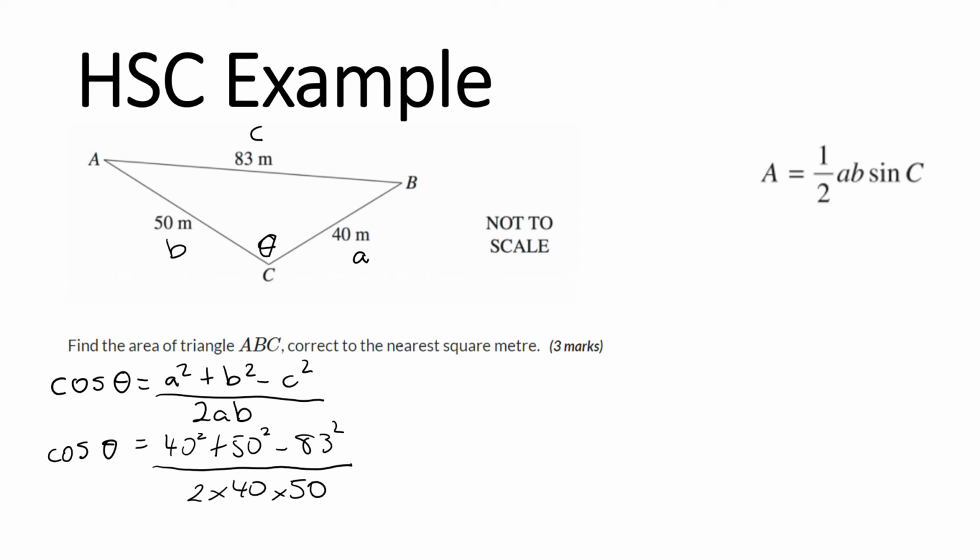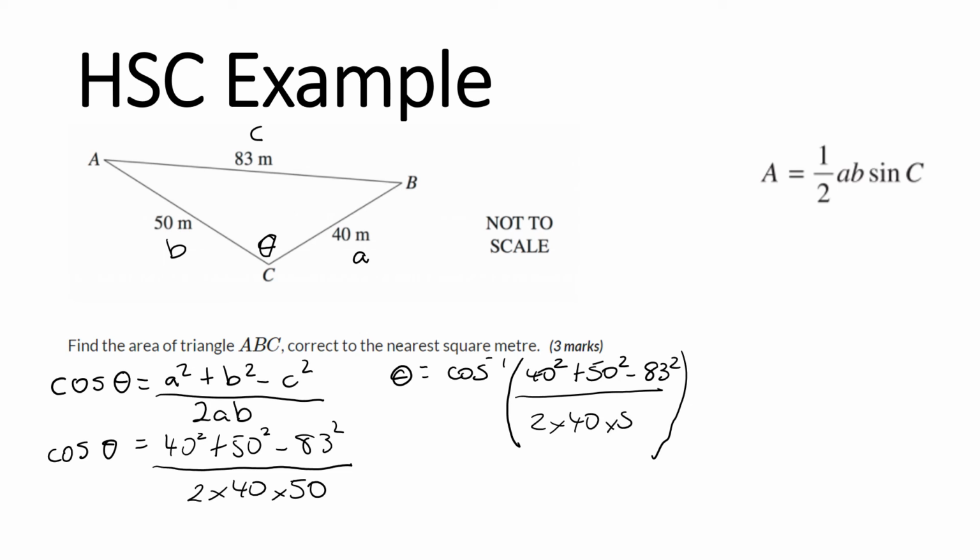And then theta will equal inverse cos of 40 squared plus 50 squared minus 83 squared all over 2 times 40 times 50. Theta equals 134.2 degrees.